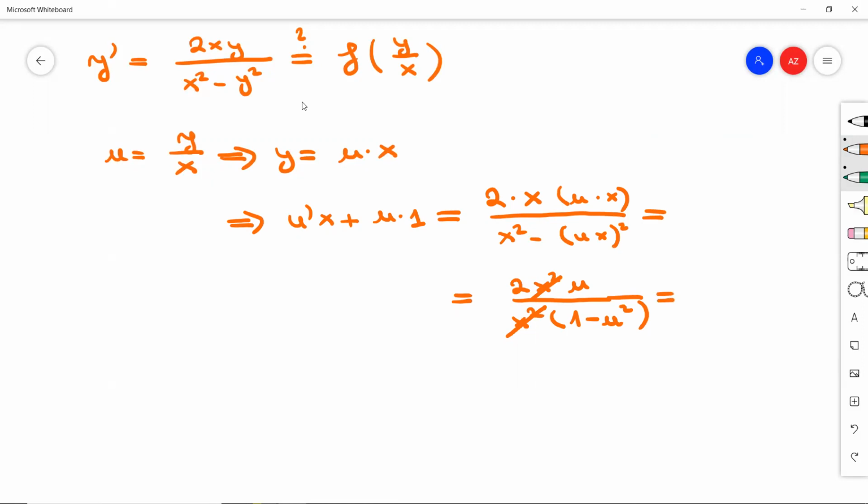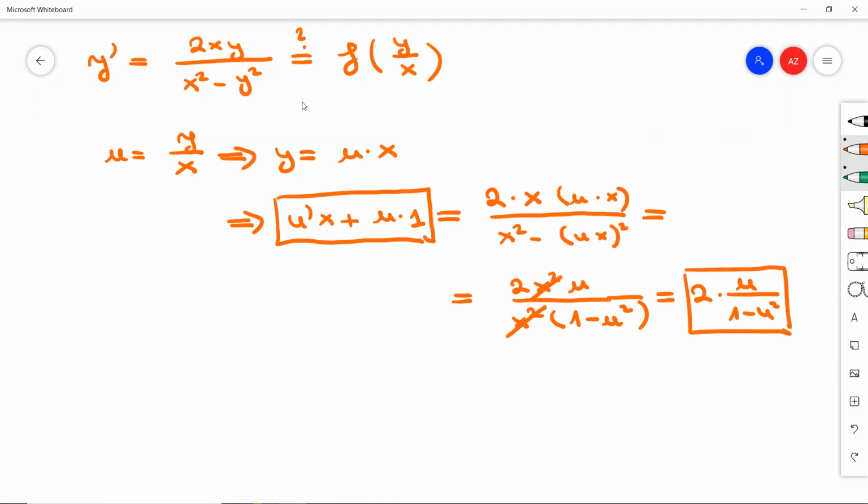So what we get is 2 times u over 1 minus u squared. So altogether, we see that we really have a homogeneous differential equation, and now it can be solved explicitly.